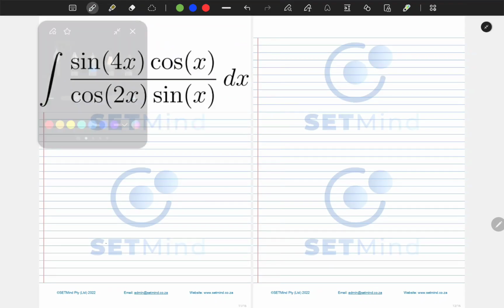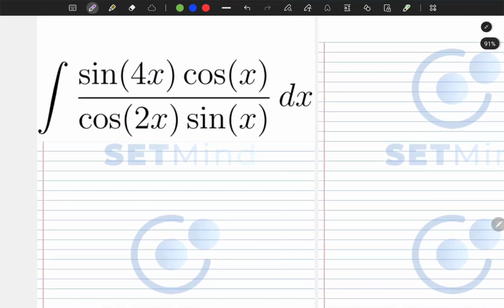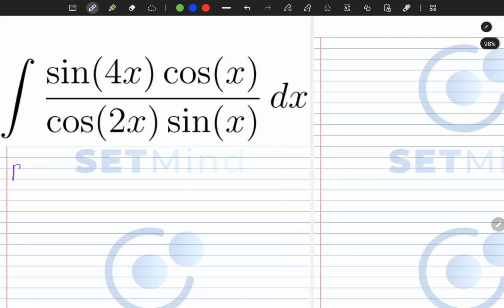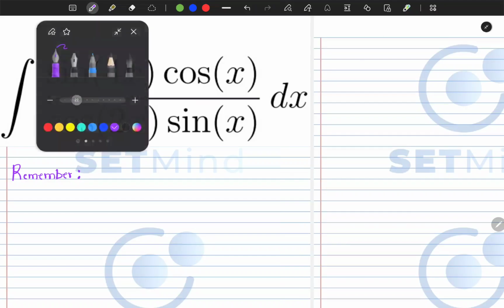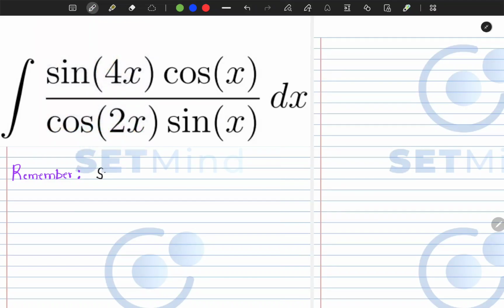So the first thing I'm going to do is to quickly remind you of a few double angle identities. The first one is the sine one. I need you to remember that sine of 2 times theta is the same as 2 sine of theta cos of theta.